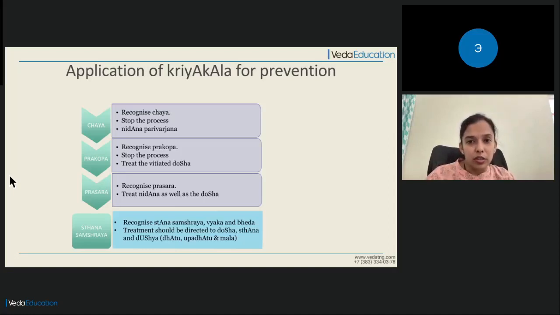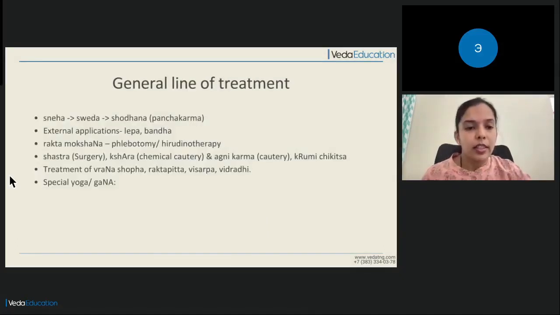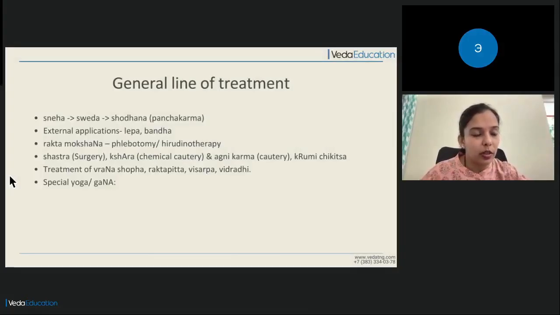All of the lifestyle disorders, irrespective of what system it involves, where the presentation is, and how chronic or how instantaneous it was, without an exception, go through this process of Chaya, Prakopa, and Prasara. And that is why it is so important to identify and reverse, because that is the only way you can prevent. And this is a general line of treatment for prevention as well as for management of mastopathy.